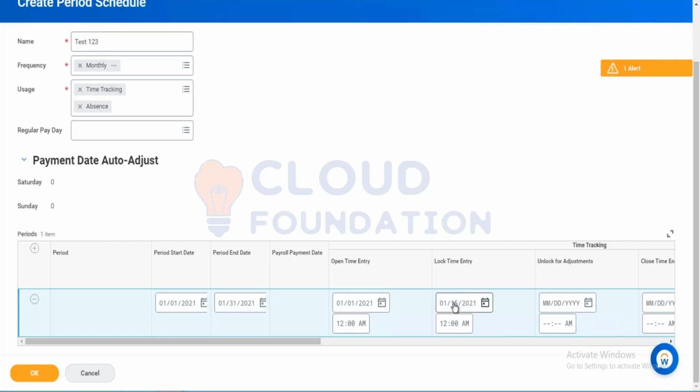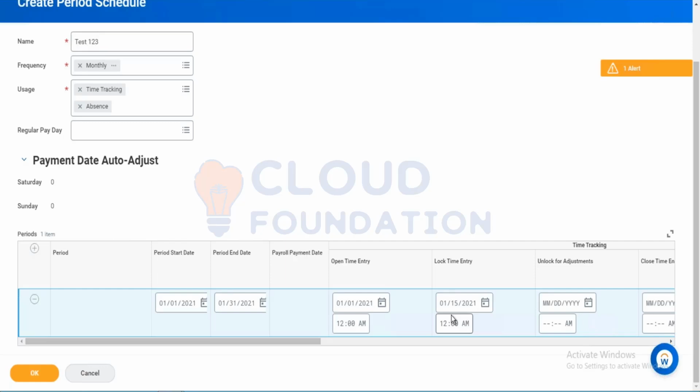The first thing you will see is which period schedule that worker is entering. Once you have identified that period schedule, you will see whether for that period there is any lock, whether the employee has crossed the lock time. For example, on 16th of January, I came and said I'll enter the time for my entire month on the 16th, but I'm not able to do it.